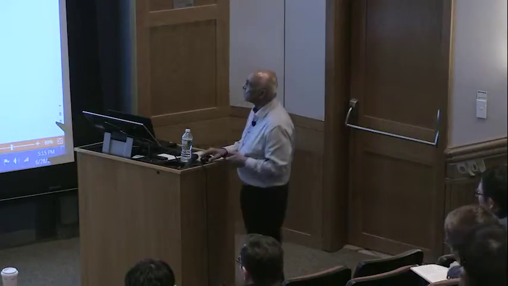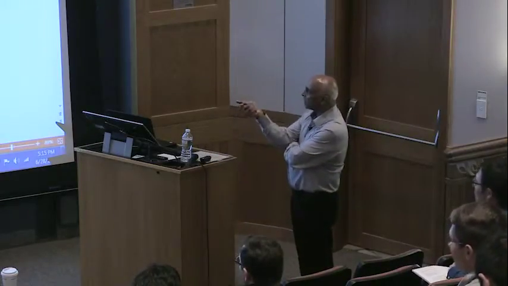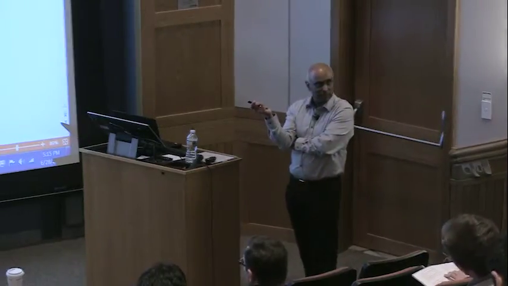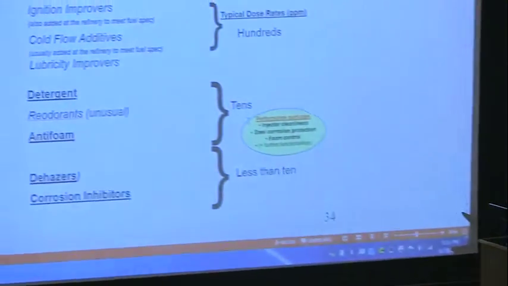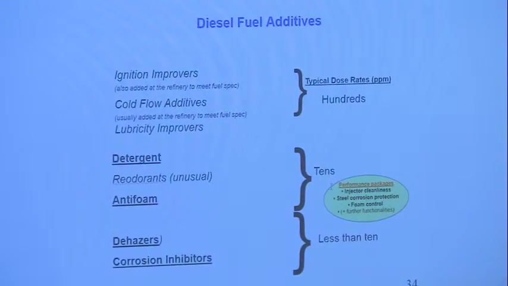And with the diesel fuel additives, there are ignition improvers, which are very common. These are EHN, for instance, ethylhexyl nitrate is very commonly used. Then cold flow additives, which are very important, by the way, in diesel fuels in cold countries, because as I mentioned, paraffins can just form waxes.